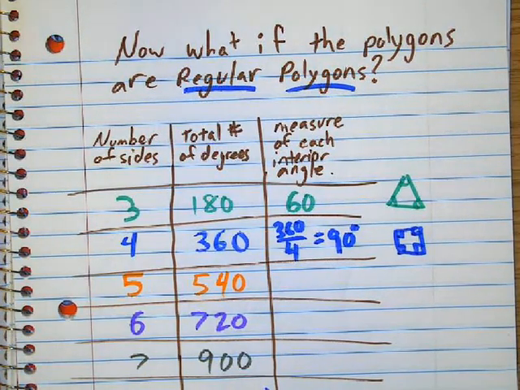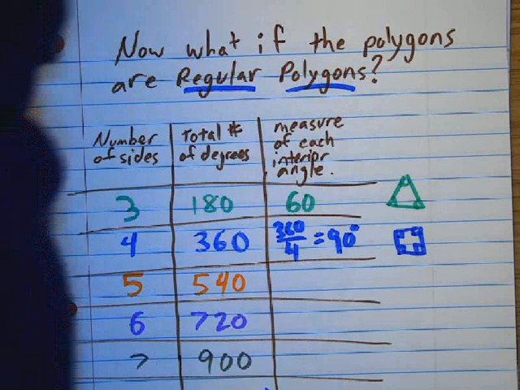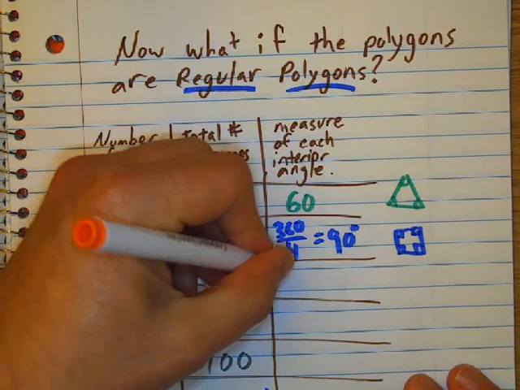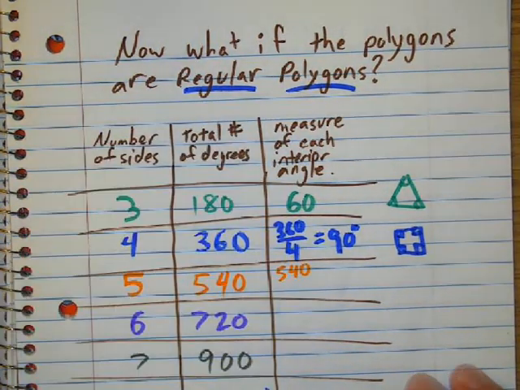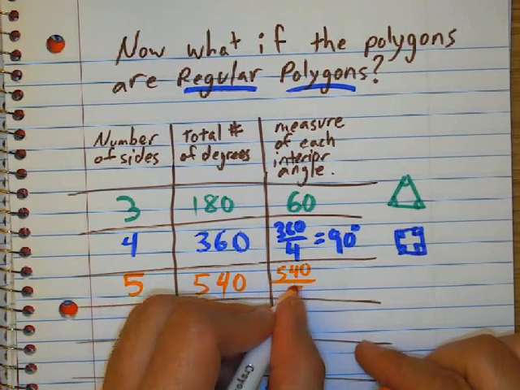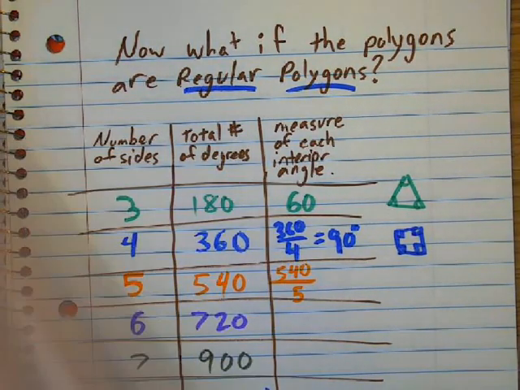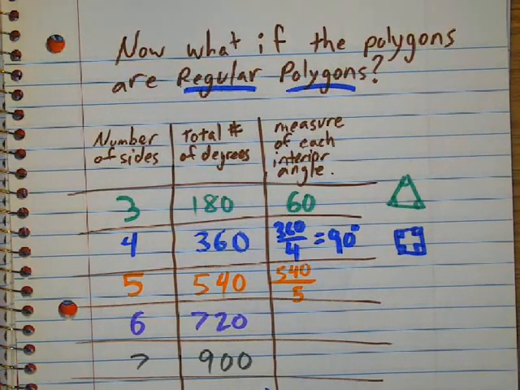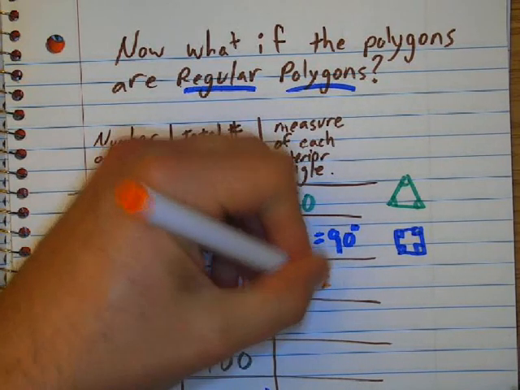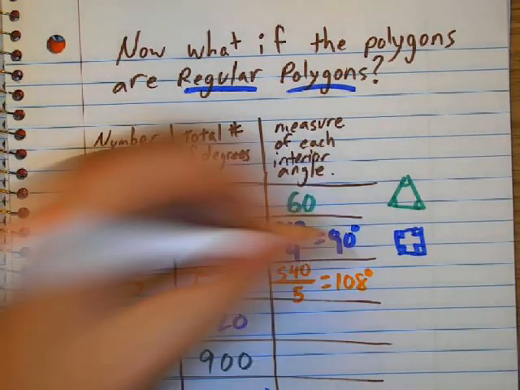A 5-sided shape, I could do 540, the sum of the angles, divided by 5, and I'm going to get 108 degrees.